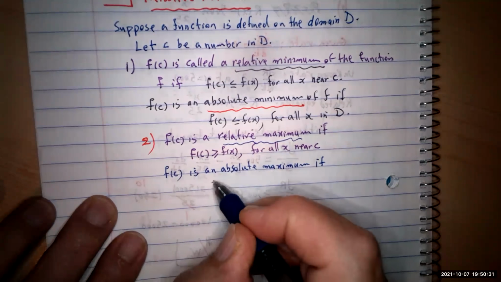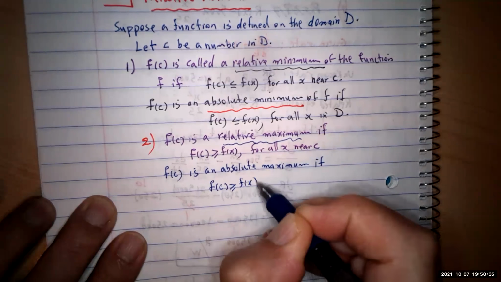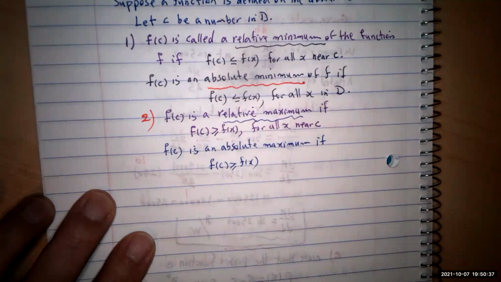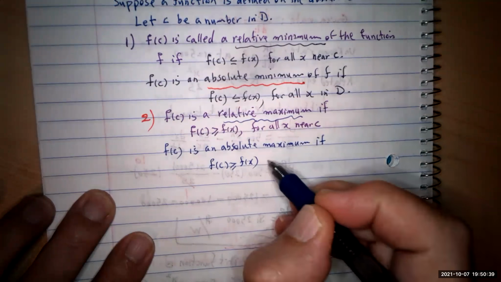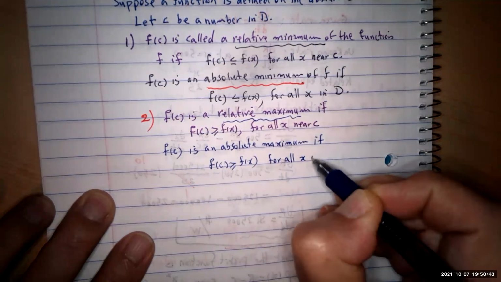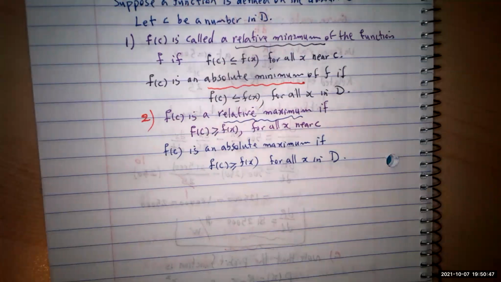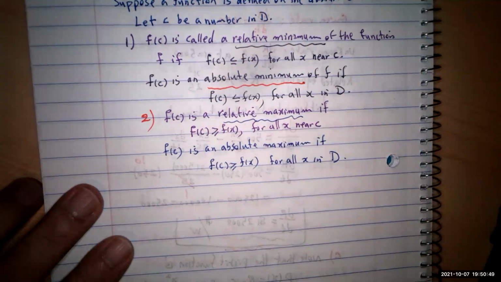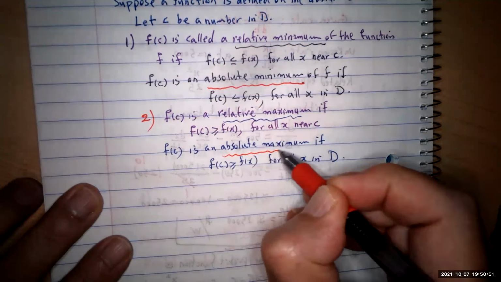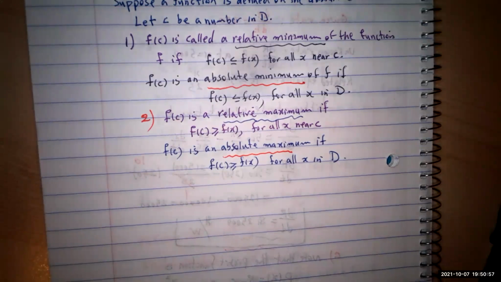If f of c is greater than f of x, but this time for all x in the domain of the function, that is the definition of absolute maximum and absolute minimum. And this is what we are looking for. We are looking to find these two numbers.